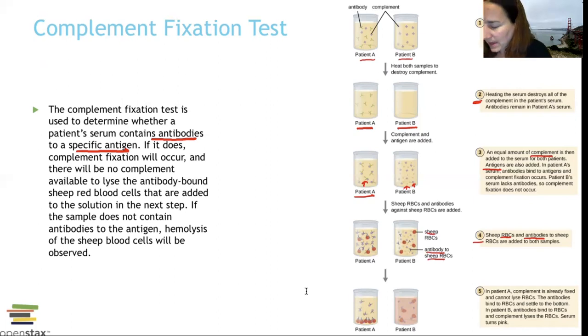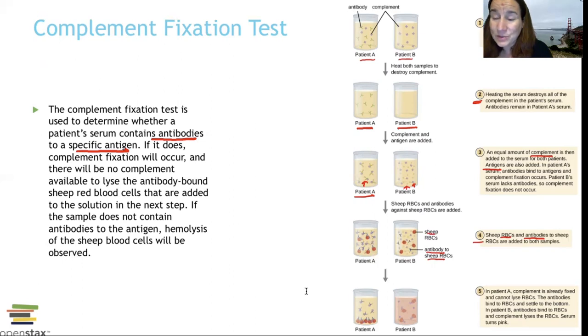Well, with patient A, we already said that the complement system was activated. We had the antigen and the antibody and the complement all attached together already. So those anti red blood cell antibodies are attaching on to the antigens of the red blood cells, because that's what they do. But they can't activate the complement system. Why?